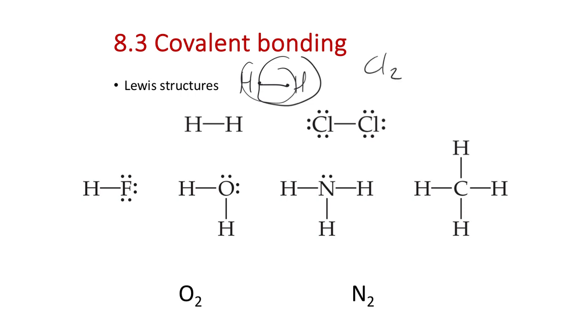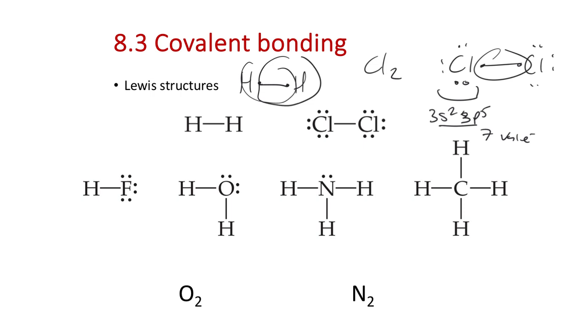For Cl2, if I'm picturing 2 chlorine atoms, I can think from a Lewis dot diagram perspective that each chlorine has 7 valence electrons. This is a 3s2, 3p5 outer configuration, showing that we have 7 valence electrons. The other chlorine looks the same. Then we can share their odd electrons.